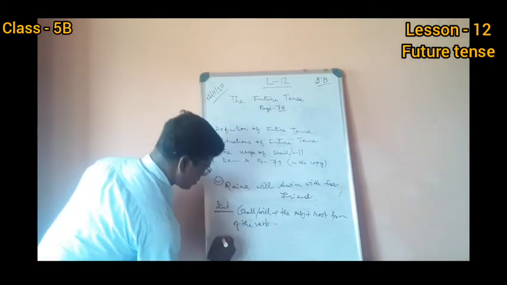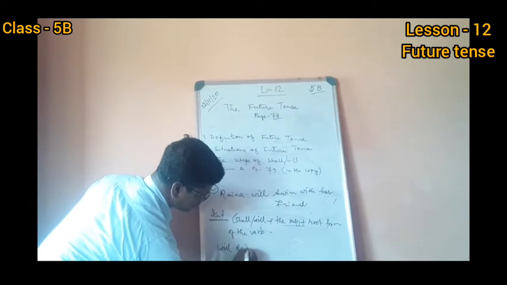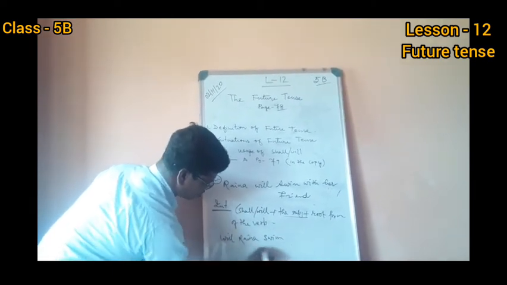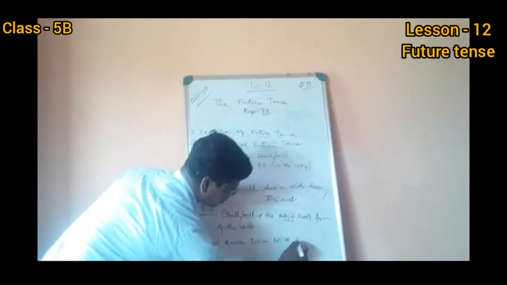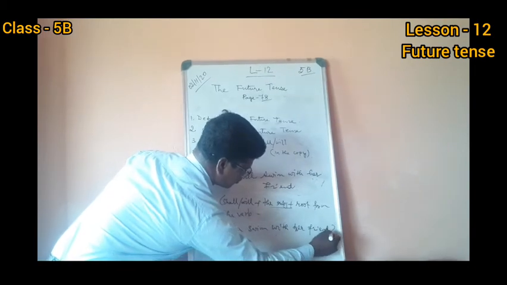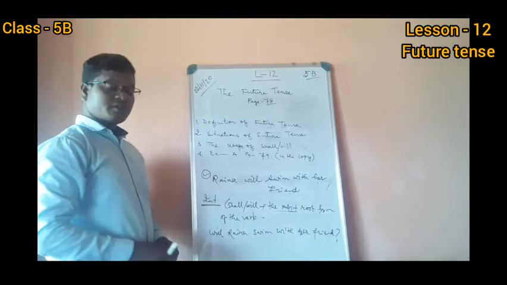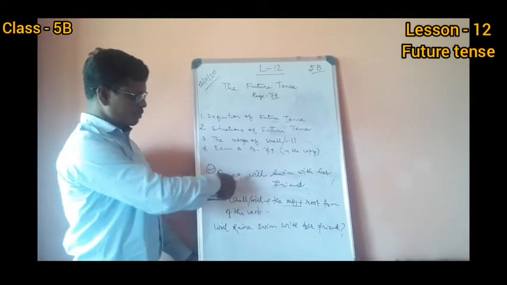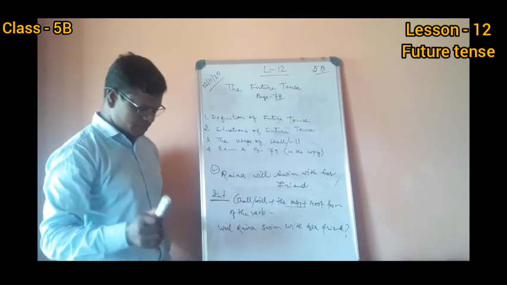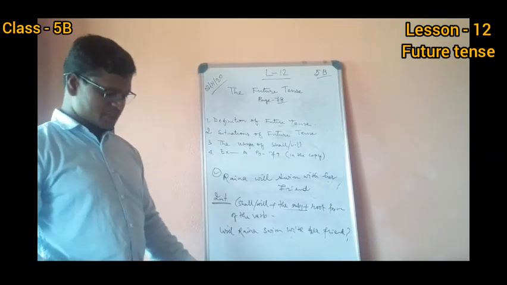Let me write: will, then the subject Raina, then the root swim with her friend, question mark. Will Raina swim with her friend? So this is how we change the statement in the simple future, once into the negative sentence, and second into the interrogative sentence.